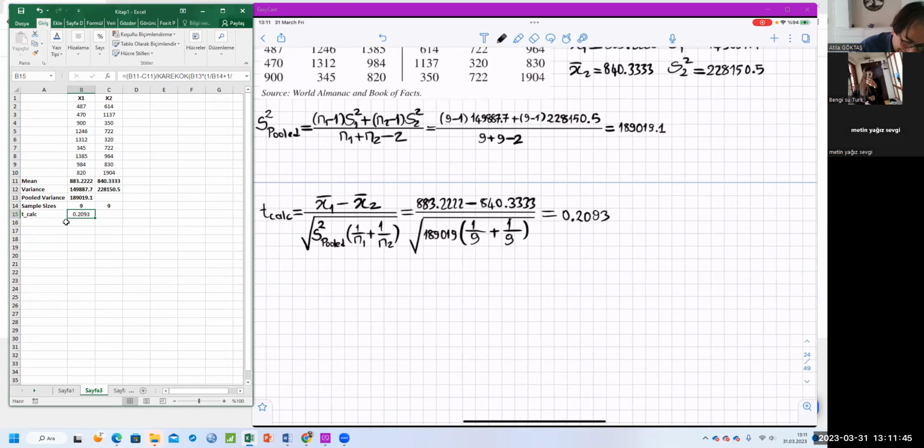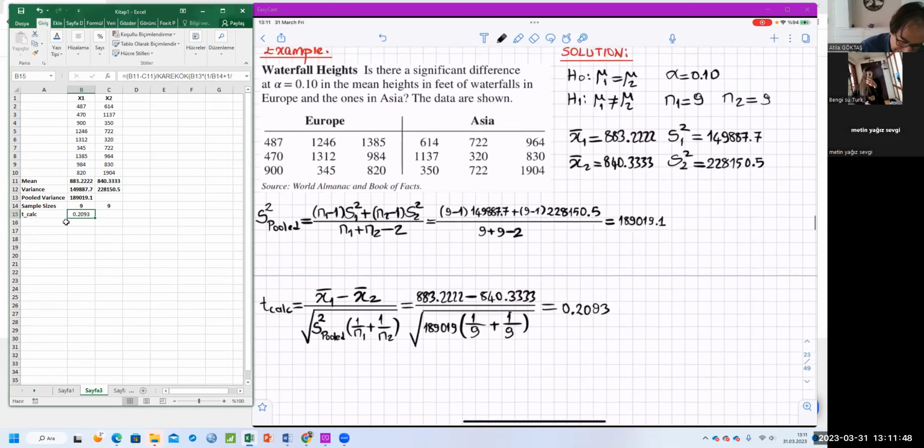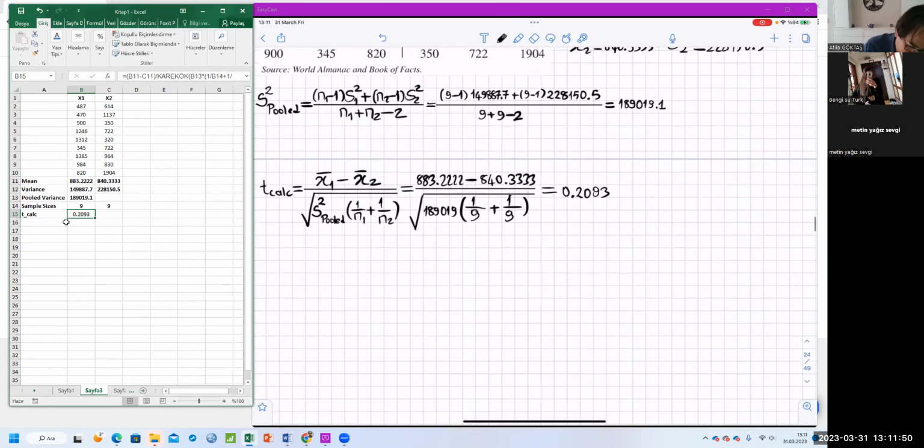So that's the T-calculated statistic, and you need to compare this result with the critical value from the T distribution table. In this example, the degree of freedom would be df equals n1 plus n2 minus 2, which is 9 plus 9 minus 2, that is 16.